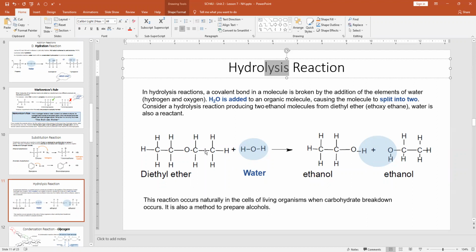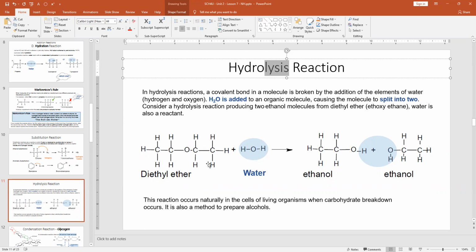In this type of hydrolysis reaction, you can get two ethanol molecules from a molecule of diethyl ether, or the other name for this is ethoxyethane. Water is also one of the reactants. One reactant is the diethyl ether, the other is water, and water is added to this bond, causing it to break.